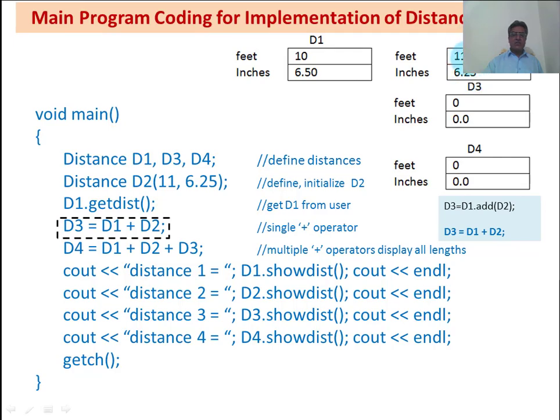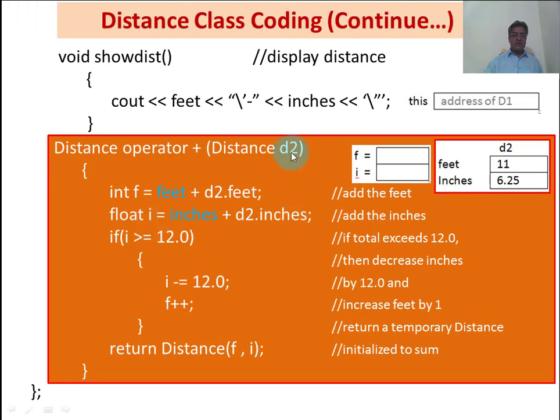These are the two values, in feet and inches, of D2, and we are passing the value of D2 to the plus operator. So it will be passed to this D2, which contains 11 and 6.25, the value of capital D2, the object of the main program.